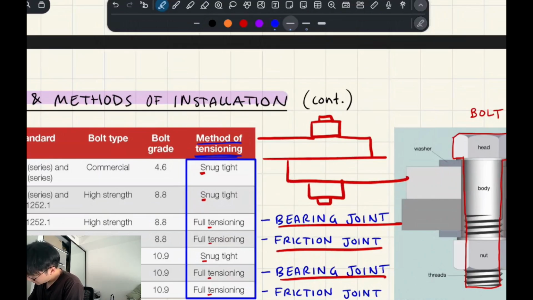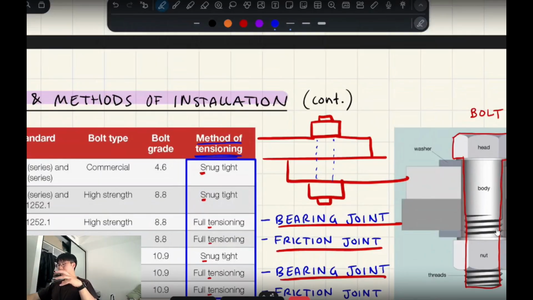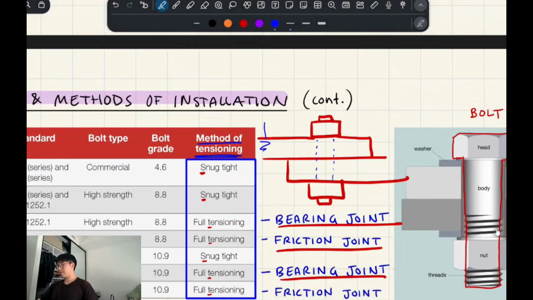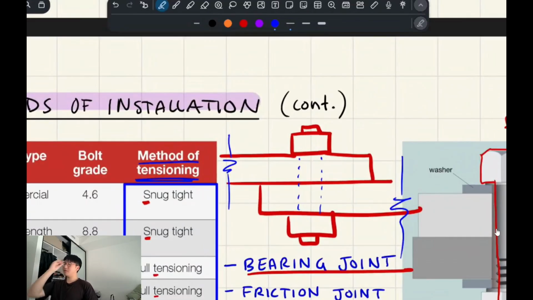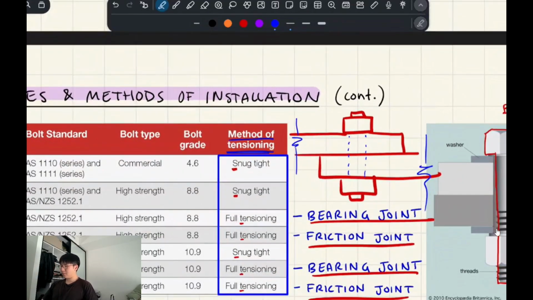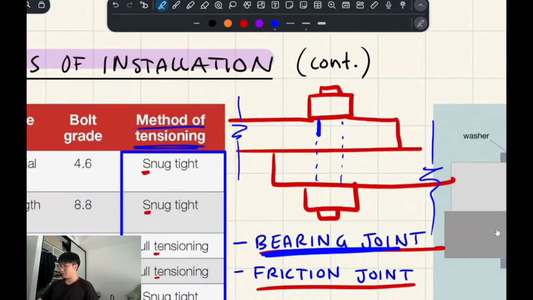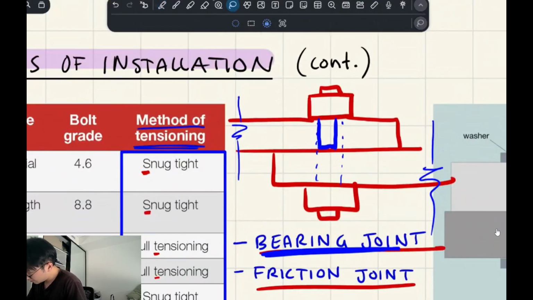Okay, so if you imagine the hole for these bolts to go into, the idea is that if you have a bearing joint, the bolt just needs to... Where, you know what, I'll draw.